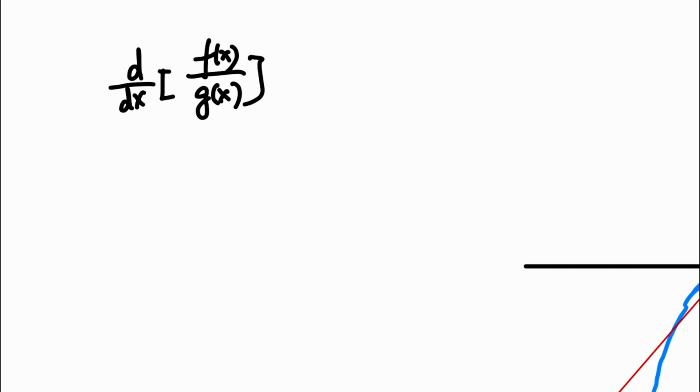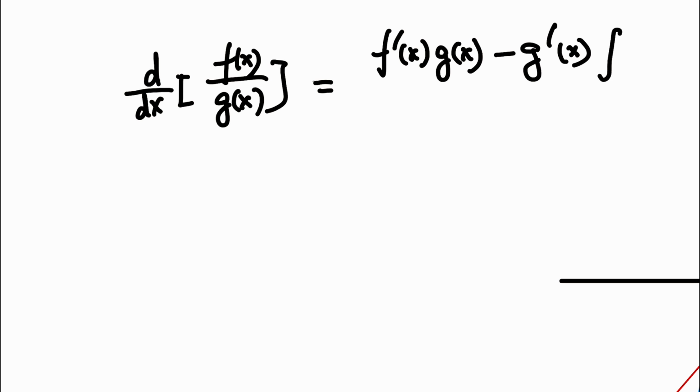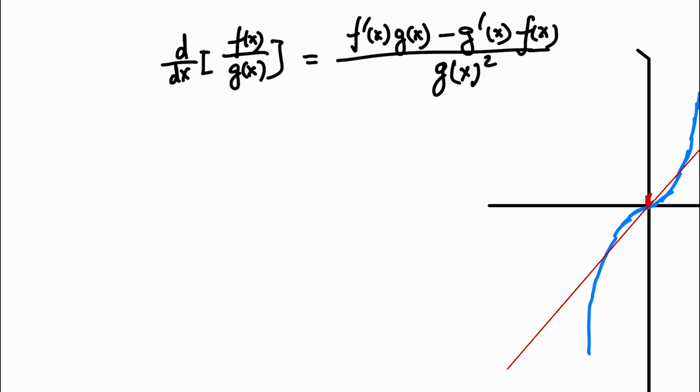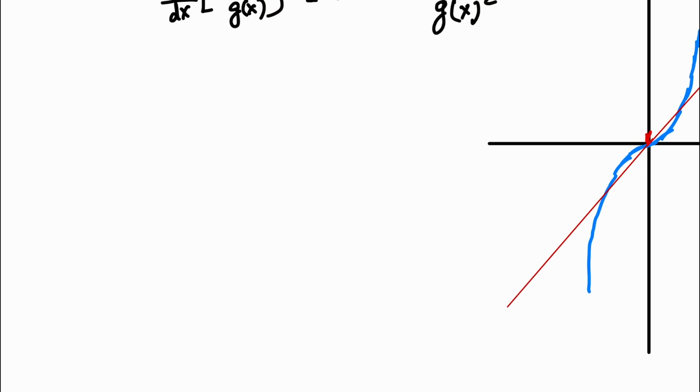So now let's prove our hypothesis. Our hypothesis is that this is equal to f prime of x g of x minus g prime of x f of x over g of x squared. And if we have that, then we have to prove it, right?